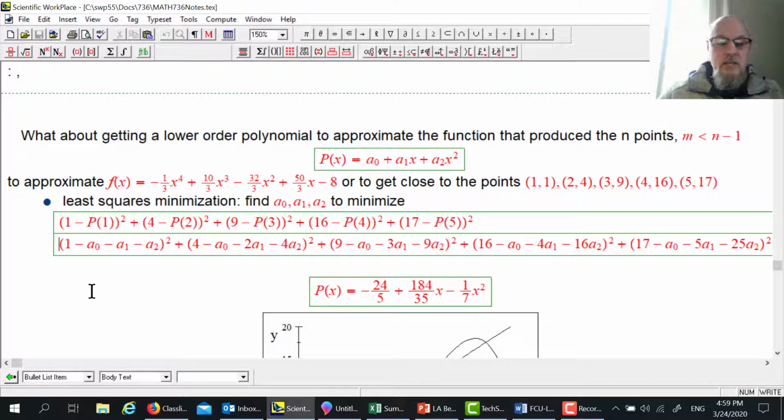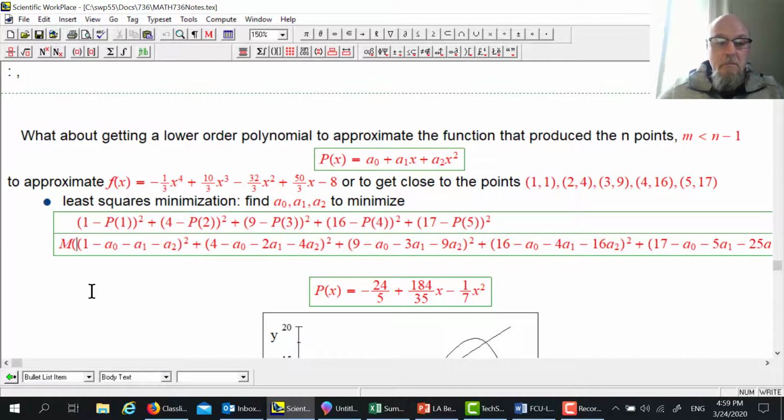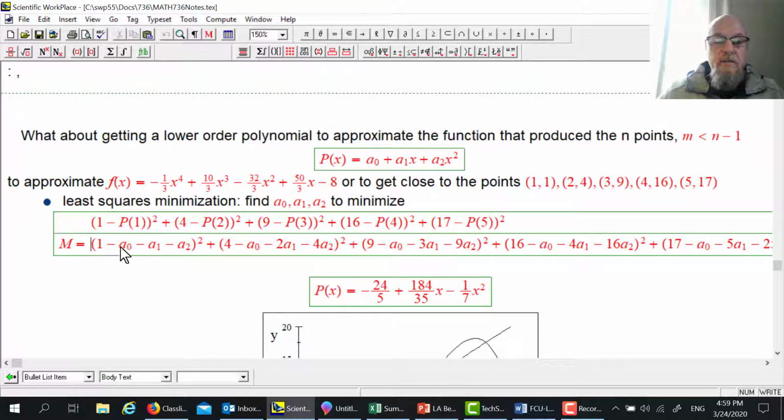Let's call it m. I need the derivative of m with respect to a0, set equal to 0, the derivative of m with respect to a1, set equal to 0. I want to minimize that, so I've turned it into a minimization problem. MATLAB will do those things if you ask it to, but I didn't do it with MATLAB, I just took the derivatives.